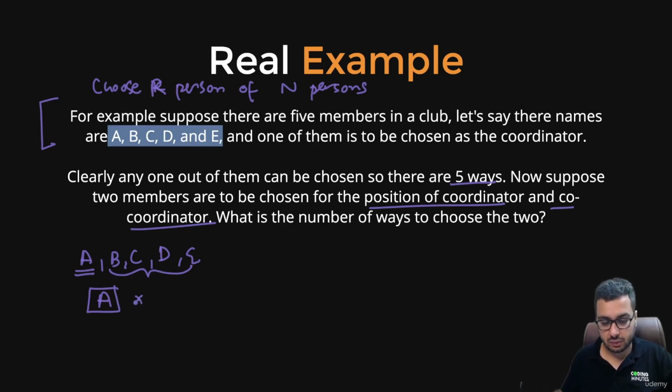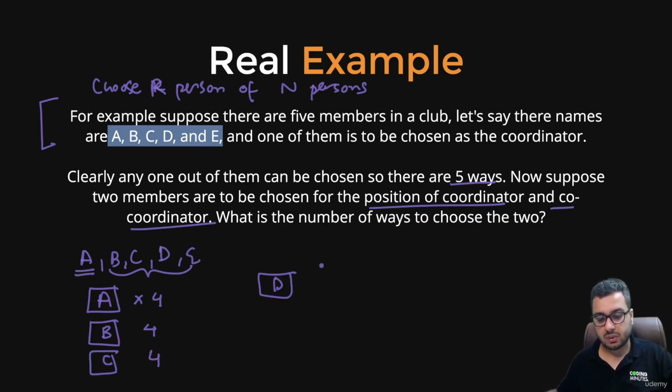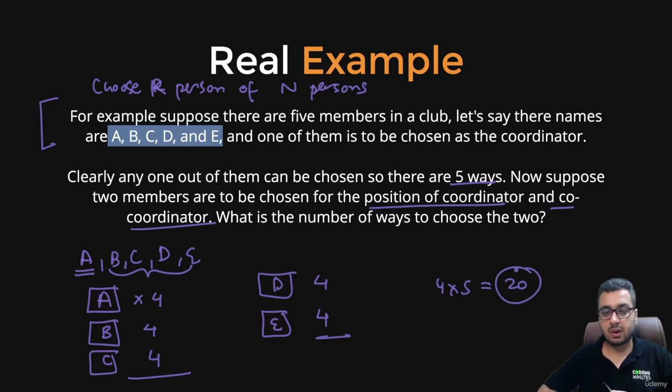So with A as captain I have 4 ways, or B could be the captain and one of the remaining 4 could be co-captain, so there are 4 ways. Or C becomes the captain and one of the remaining 4 becomes co-captain, so 4 ways. Or D becomes the captain, 4 ways. E becomes the captain and someone else becomes co-captain. If you add all of these, it is 4 into 5, which is 20. So in this case the number of ways is 20.